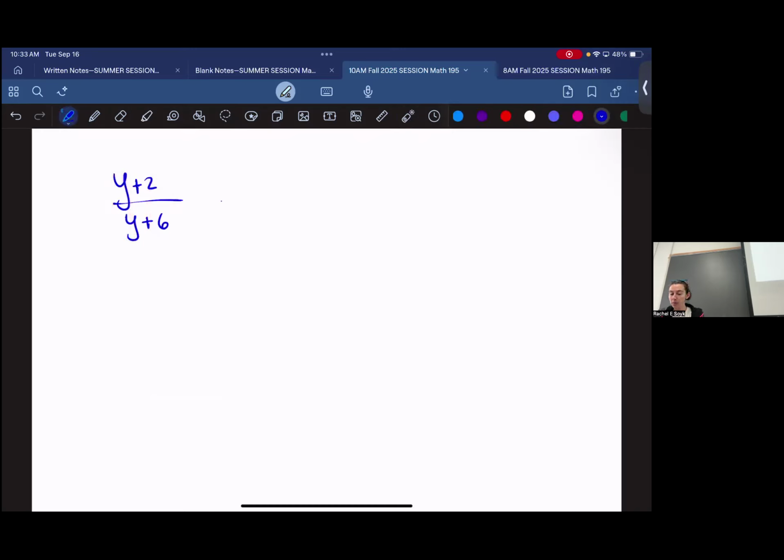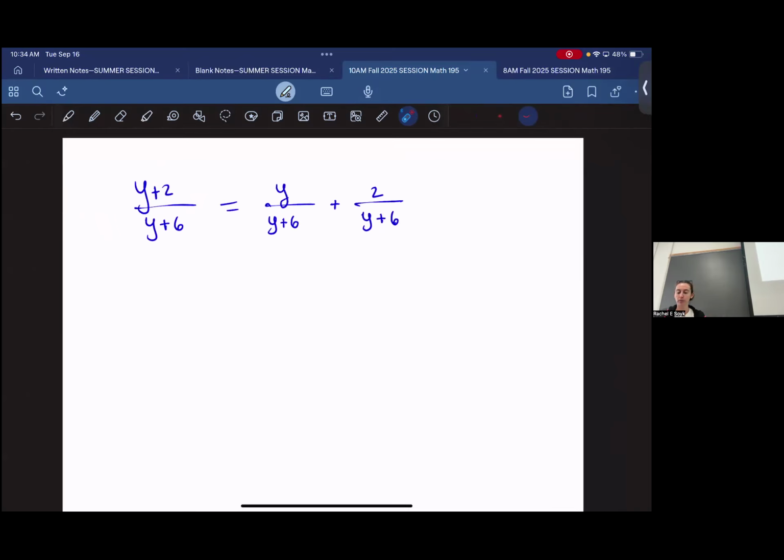If you wanted to break up the fraction, you can break it up into y over y plus 6 plus 2 over y plus 6. But you can't separate the denominator. You can only separate the numerators, but the denominator, think about common denominators. They stay put. They're sort of like set in stone.